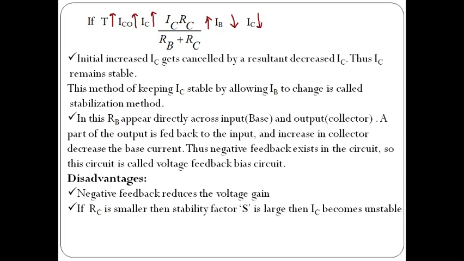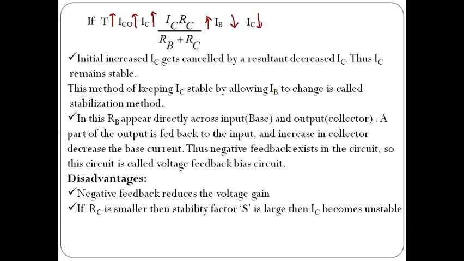When IB decreases, again the IC value decreases, since IC equals beta IB, considering beta is constant. So initially the collector current increases, finally the collector current decreases. The initial increase in collector current gets cancelled by the resultant decrease in collector current. Thus we can say the collector current remains stable.